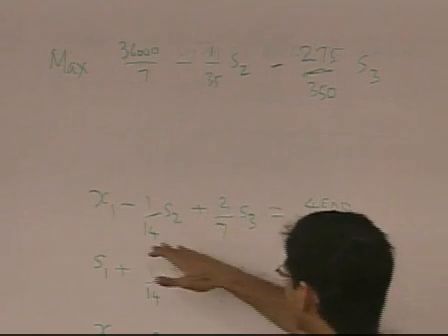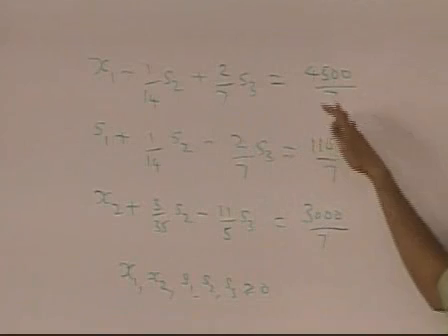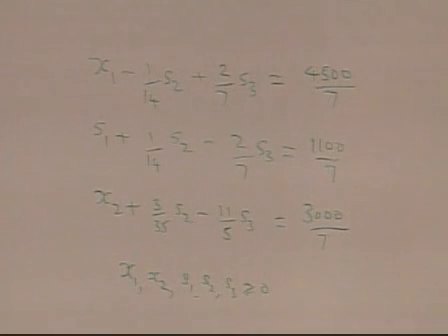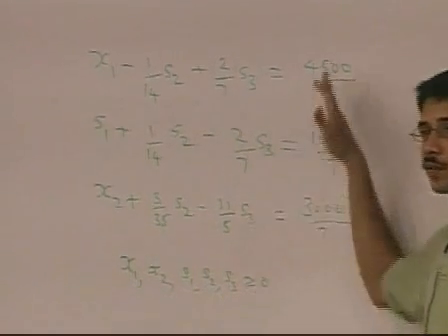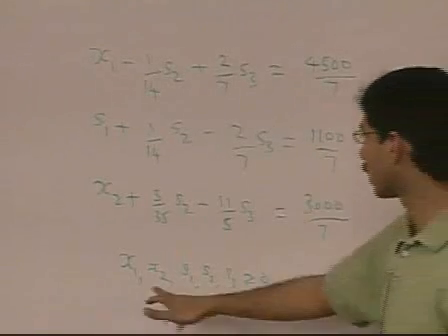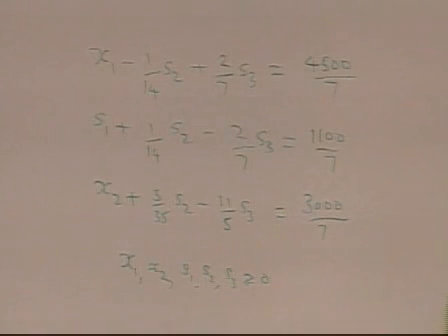This just says x1 minus 1/14 s2 plus 2/7 s3 equals this quantity, and so on. I have all variables non-negative. So in this problem, I have 5 variables, x1, x2, s1, s2, and s3. The question is, can we solve this linear program to optimality?